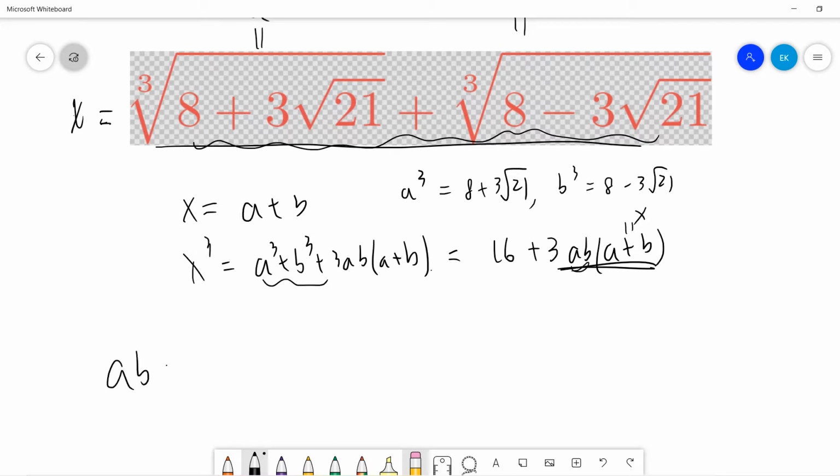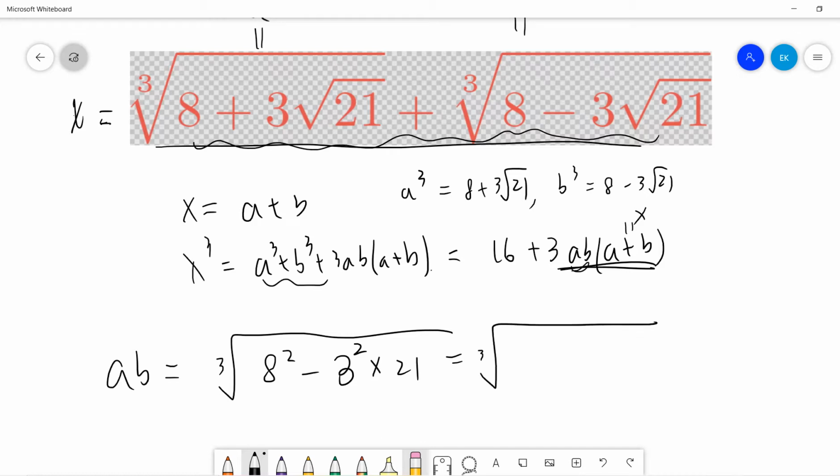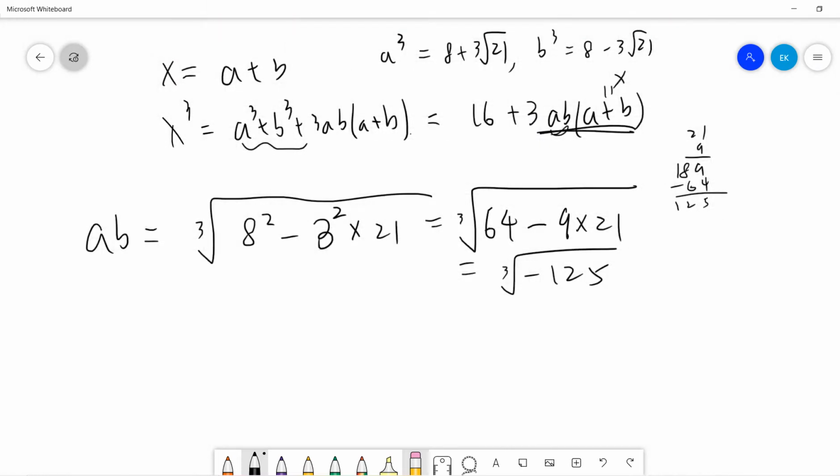So ab will be the cube root of 64 minus 9 times 21, that is 64 minus 189, which is negative 125. So from here you know that a times b will be minus 5, right?